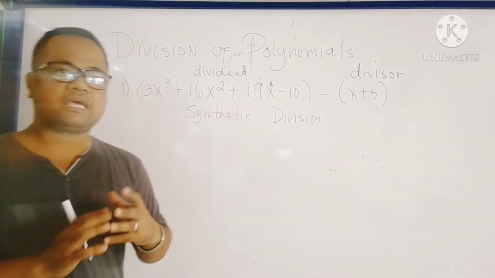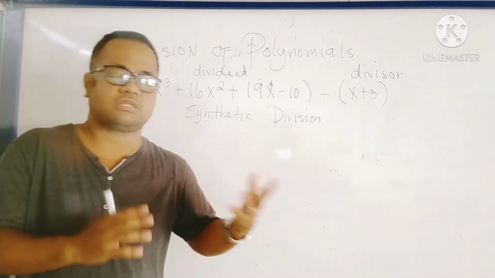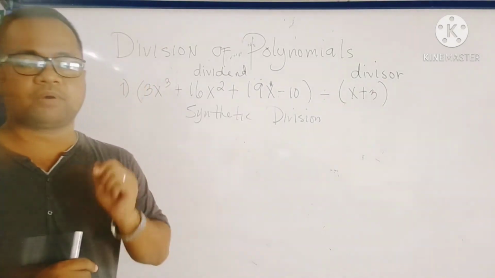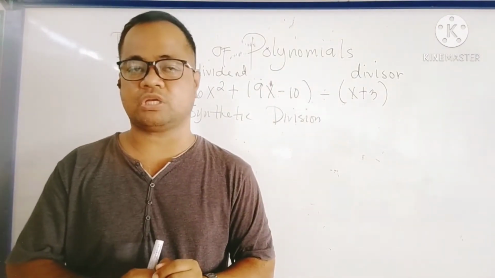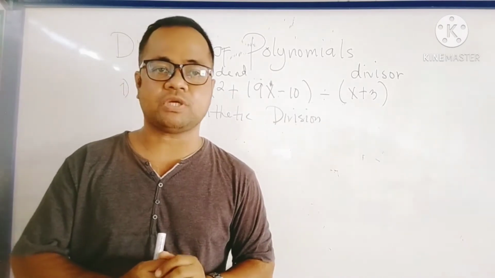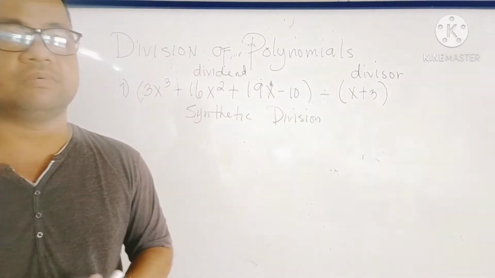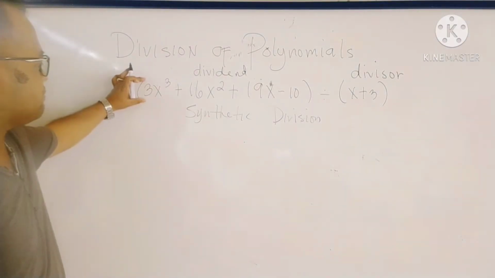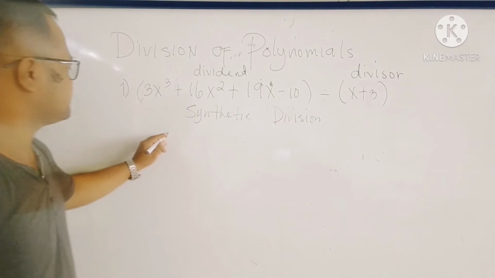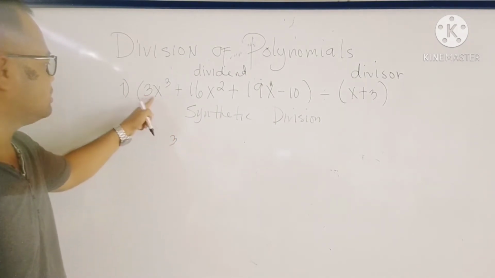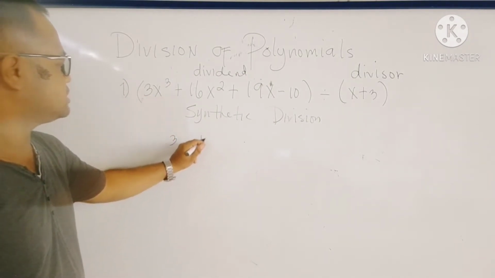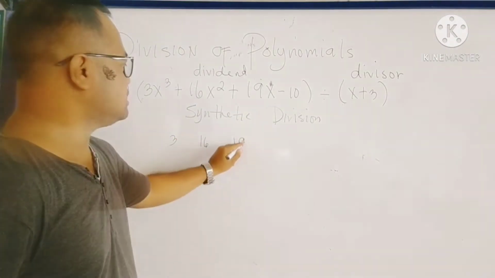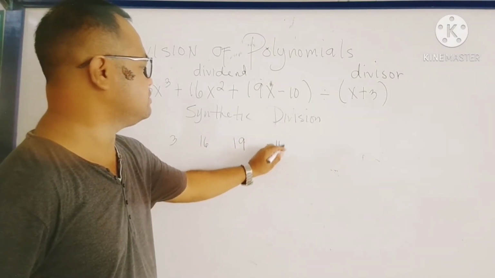So, unlike in dividing polynomials using the traditional way that we have to write the exponent, in dividing polynomials using synthetic division you just simply get the coefficient of each term. Okay? Coefficient lang, the numerical coefficient. So the numerical coefficients of this dividend are 3 for x cubed, 16 for x squared, positive 19, and we have negative 10.